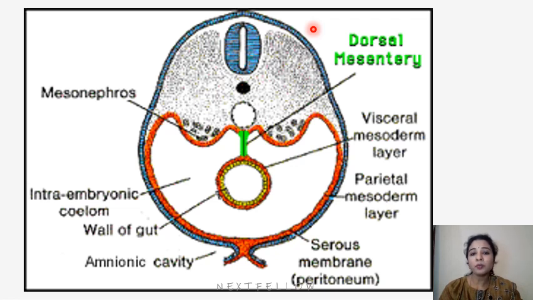It forms part of the lesser sac, and where it is continuous with the rest of the peritoneal cavity, that is called the greater sac. The communication between the lesser and the greater sac is called the epiploic foramen. Blood vessels traverse through the layers of the dorsal mesentery to reach the gut. So this is a basic idea about the dorsal mesentery and ventral mesentery as well.